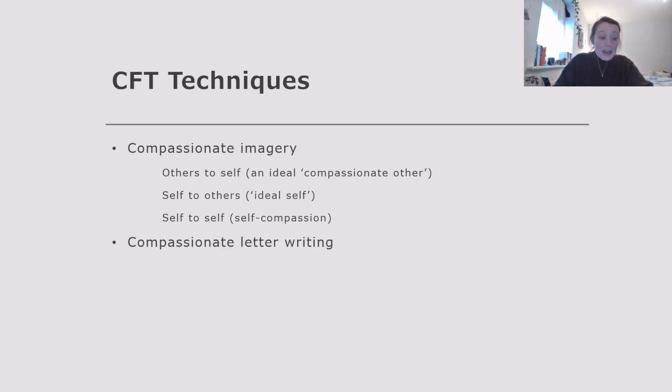Compassionate letter writing, again, this is sort of the same thing, but it helps people engage with their problem. It helps them focus on the problem with an understanding and warmth and compassion that they might not have had. And it also helps them speak to themselves in a different way because they write the letter to themselves.